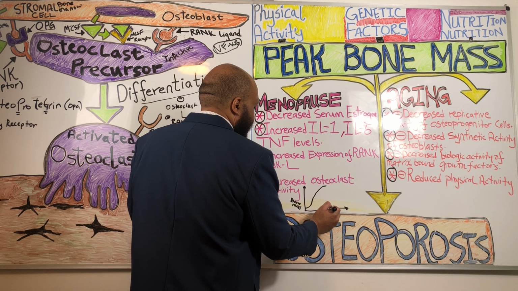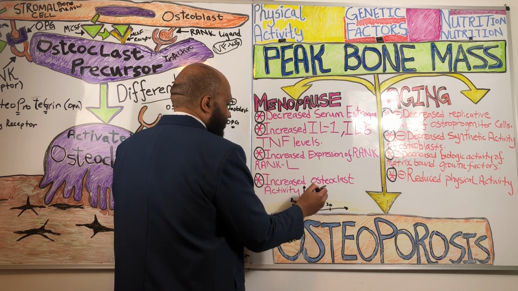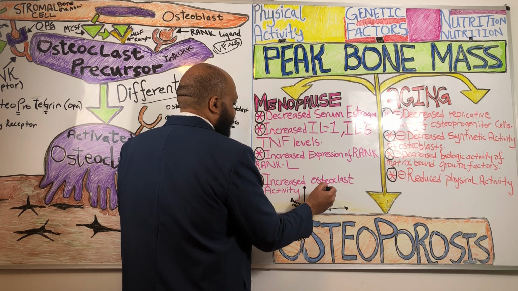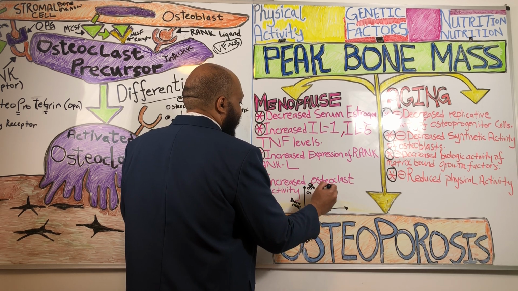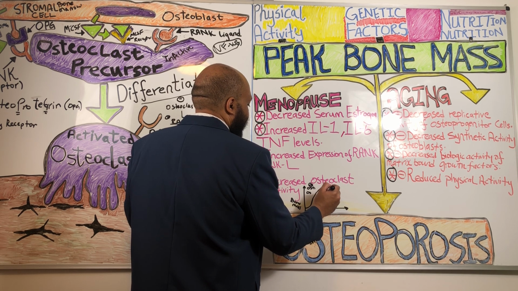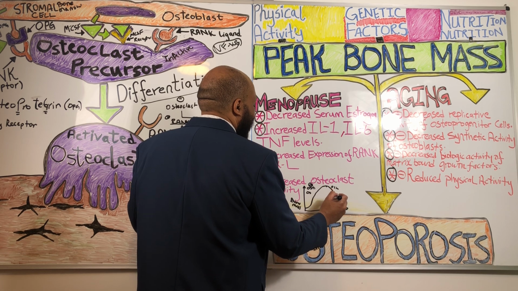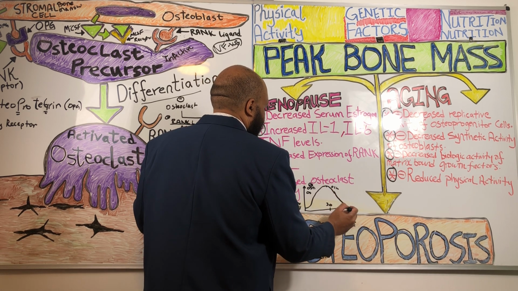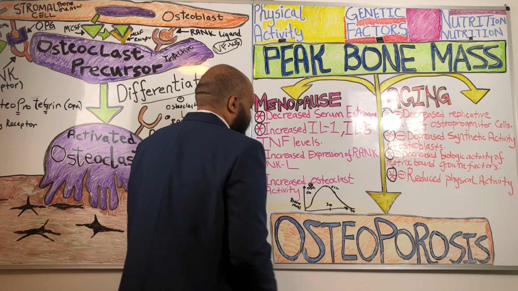Up until we are 30 years old, the osteoblasts are working to build up the bone. So here you have more osteoblast activity, and the osteoclasts are inactivated. After 30, osteoblasts become weaker and osteoclasts start working, degrading our bone up until the later age of 70 to 75.